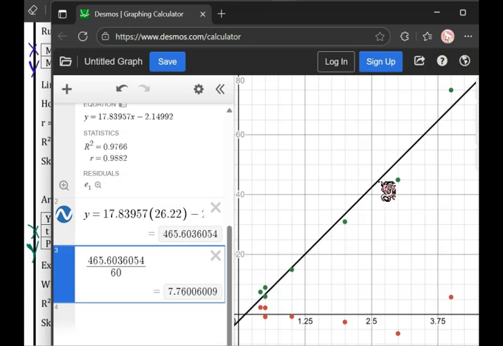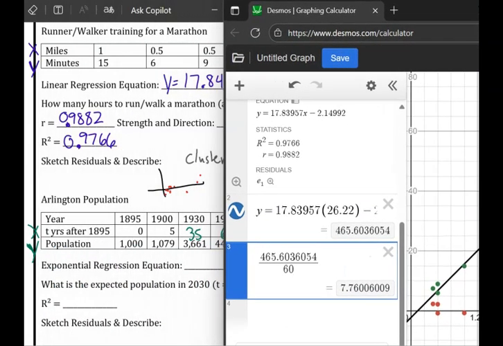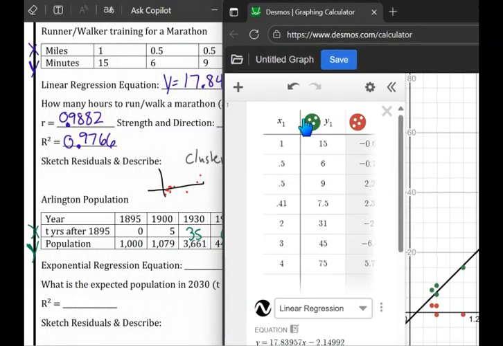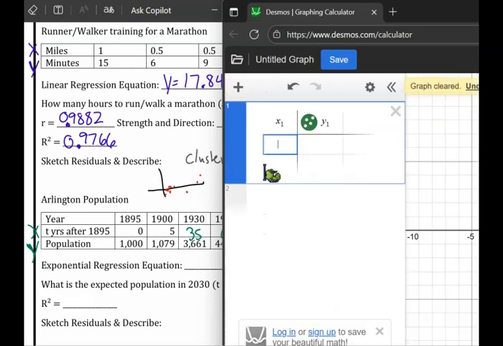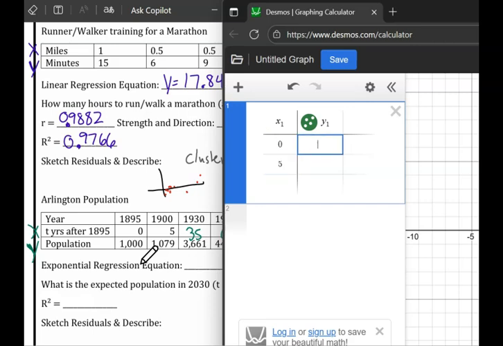All right, so to get the exponential regression, let's go ahead and delete these. Click the plus sign for table, and then input all of your values. When you're putting these in, make sure you don't write any commas in there or it'll say error.